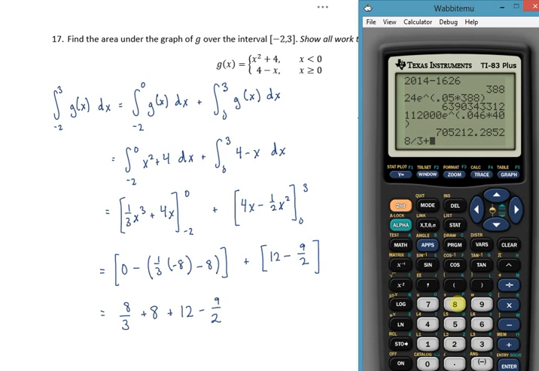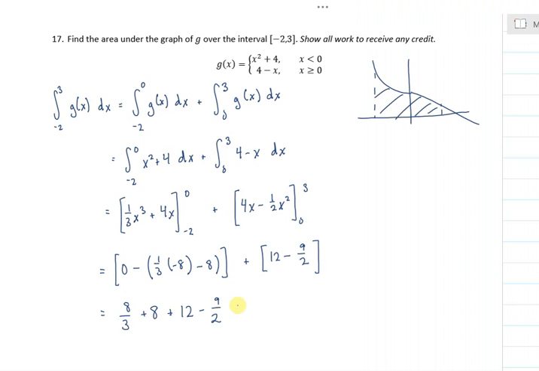Eight-thirds plus 8 plus 12 minus 9/2 as a fraction is 109 over 6. Great, done.